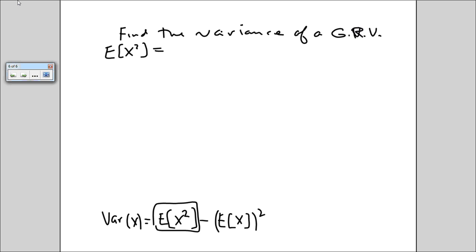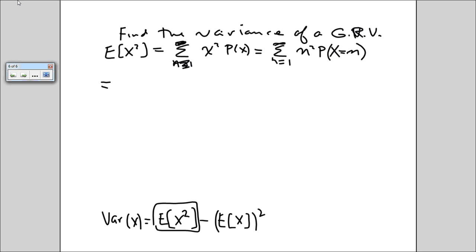Okay, this is going to be like before, the summation from 1 to infinity of x squared times p of x. That is, the summation as n goes from 1 to infinity of n squared times p of n, that is, the probability the random variable is n. The probability that x is n, well, that's routine.